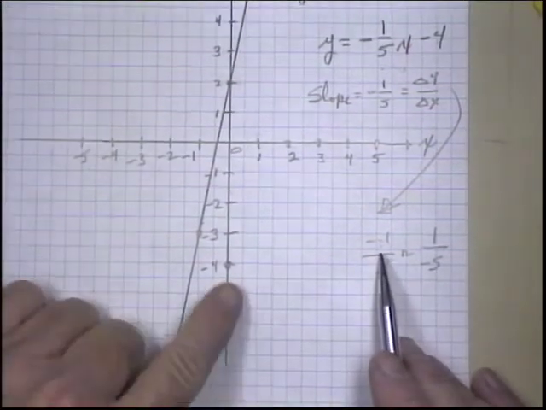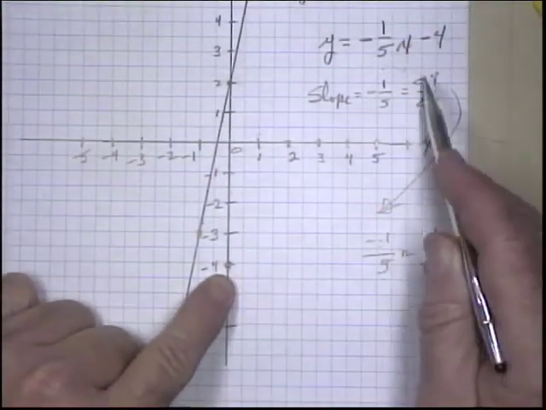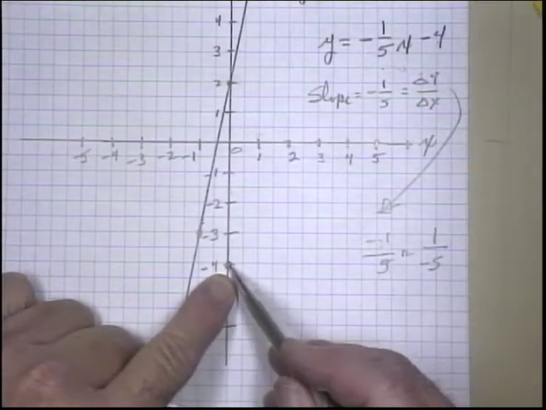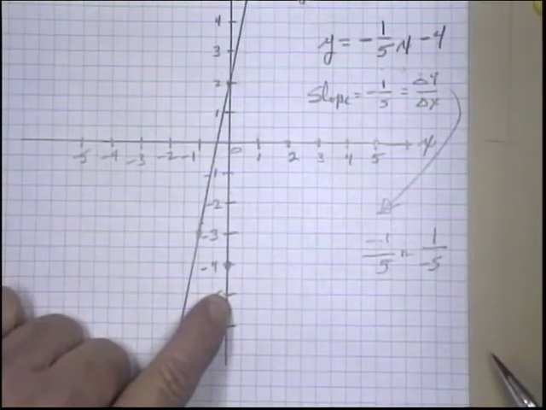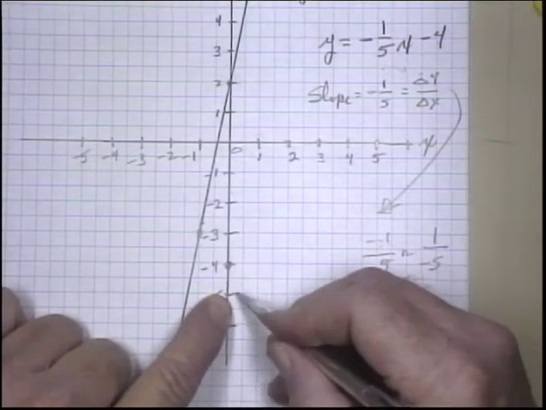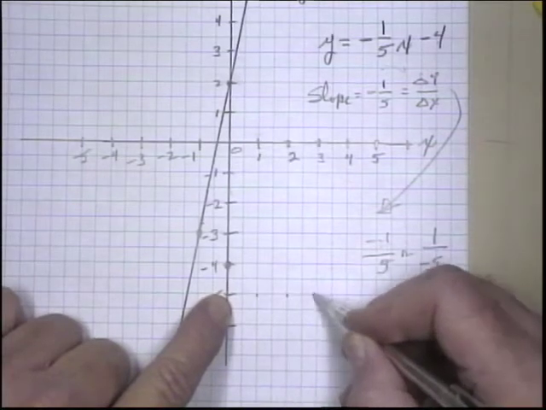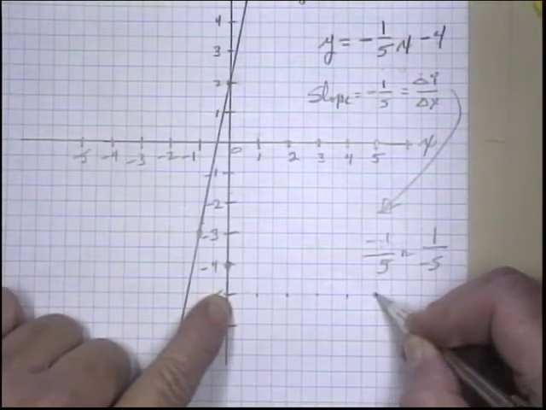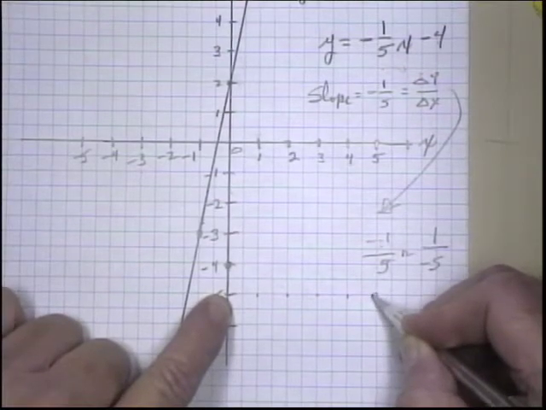So we'll start here. That's our intercept. Our -4 was our intercept. And we'll go in the y direction -1, down 1, and +5 in the x: 1, 2, 3, 4, 5, right here. That's a point on that line.